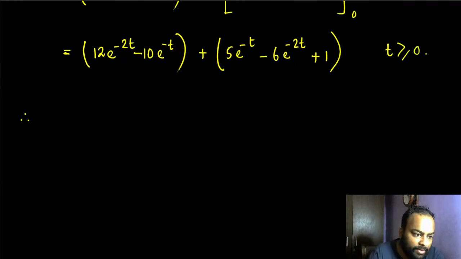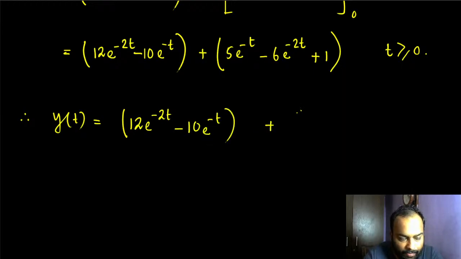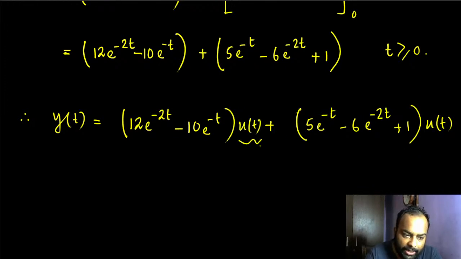So ultimately, therefore, the output of the system is 12 e to the power minus 2t minus 10 e to the power minus t, okay, and then plus 5 e to the power minus t minus 6 e to the power minus 2t plus 1 for t, given that t is greater than or equal to 0, right? And this can also be written by simply saying that this is times u(t), where u is the unit step.